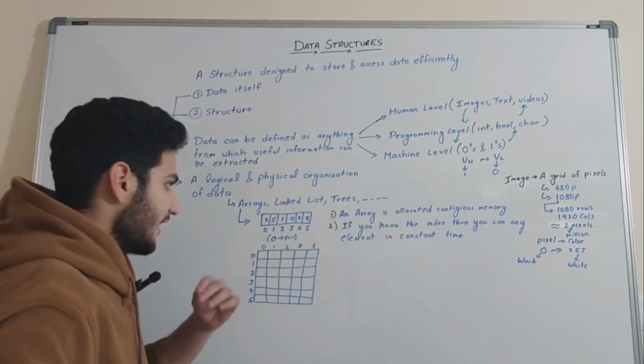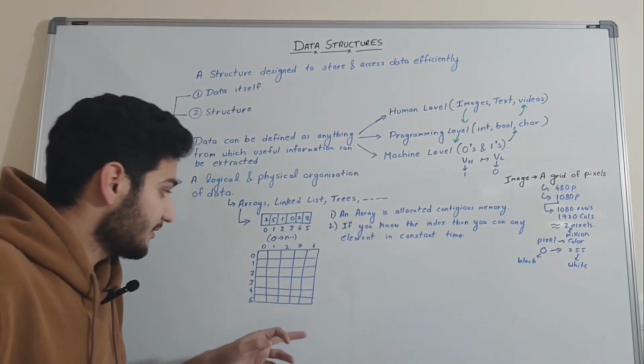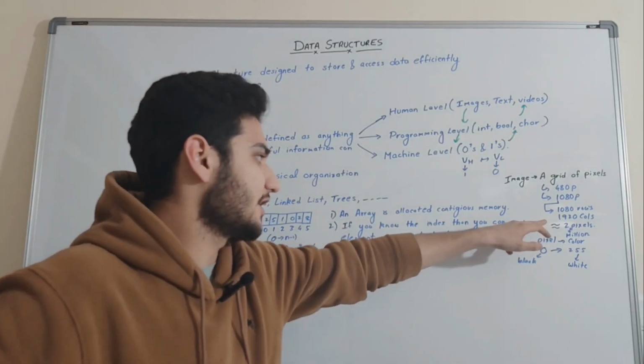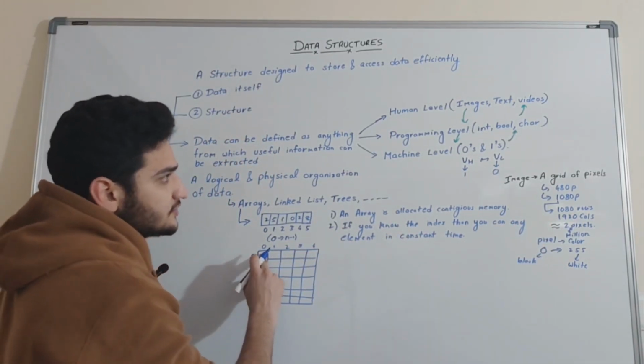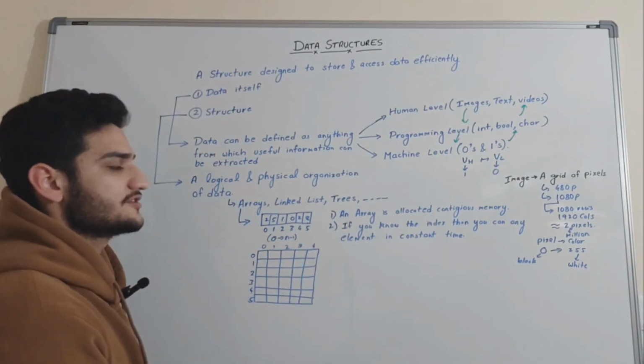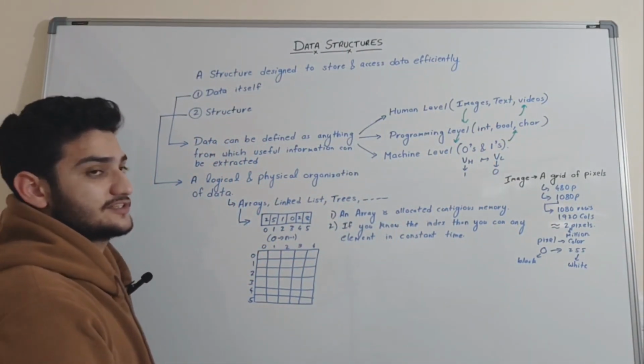Now we have a two-dimensional array. What we can do is we can make a two-dimensional array of this dimension, and each block is going to hold an integer value which will represent the color.